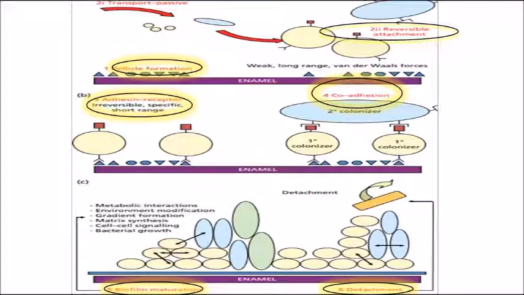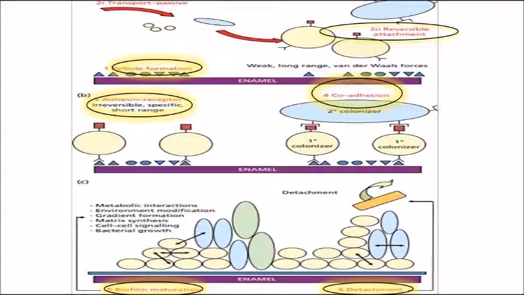Then you have co-adhesion. Co-adhesion means that by this reversible and irreversible attachment, some bacteria get attached to the tooth surface, right? So these bacteria will help some other bacteria colonize the oral cavity. This is called co-adhesion. And where is the fifth step? The fifth step can be seen on the bottom left corner. It is the biofilm maturation.